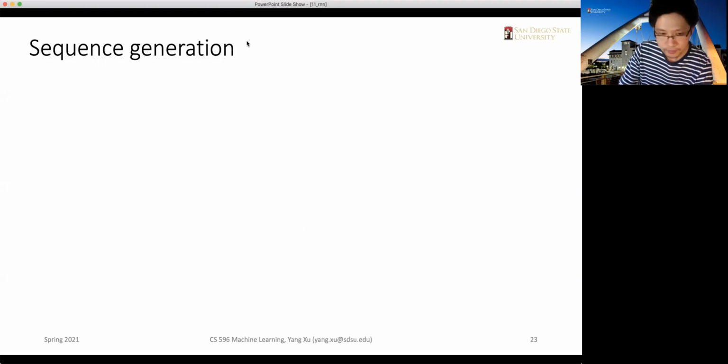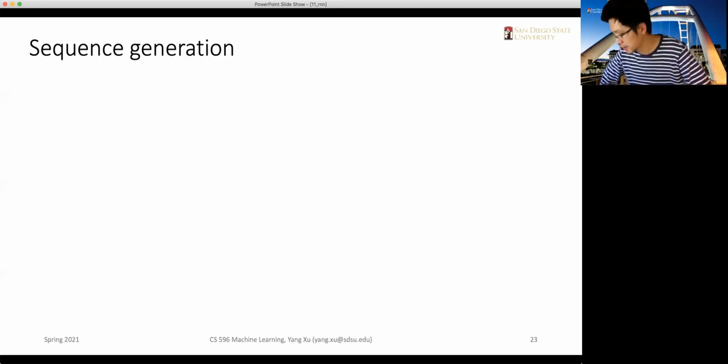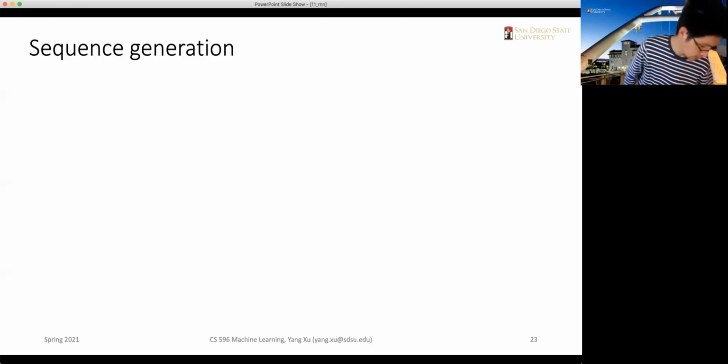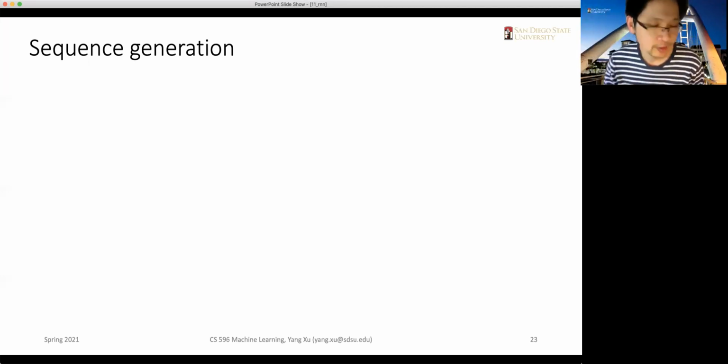So we get to the slide for sequence generation. For training time, a neural network can be optimized using the GPU. That's correct, but the recurrent architecture itself is not friendly to it.